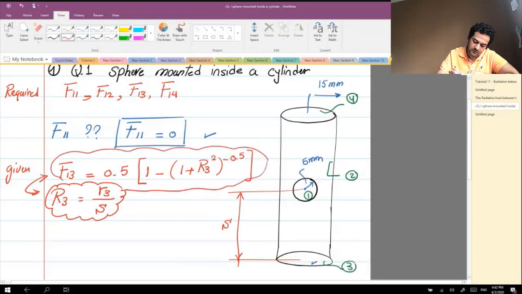So from this equation we're going to get F13.